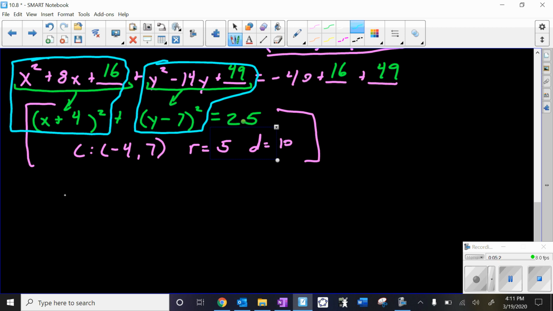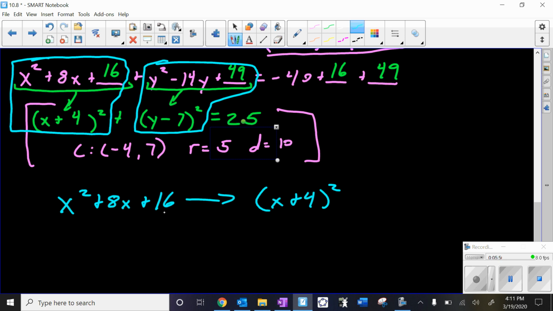I'm going to take x squared plus 8x plus 16. You don't necessarily need to do this; I'm just showing you where it comes from. Essentially, what you're doing is factoring. You're finding the factors of 16 that multiply to 16 but add to 8.